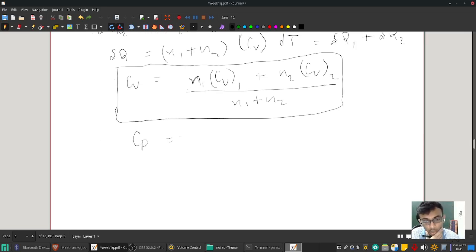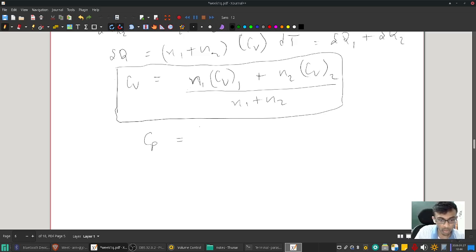So if the pressure of a mixture of gases is constant, yeah, sorry. So the CP is the specific heat at constant pressure. So the full mixture is at a constant pressure, then the individual components' pressure would also be constant. So the partial pressures of each of the components is also constant.